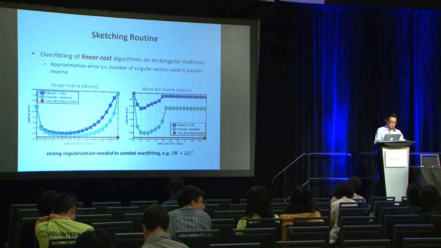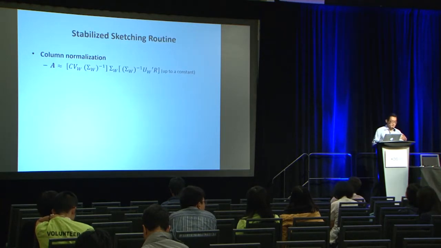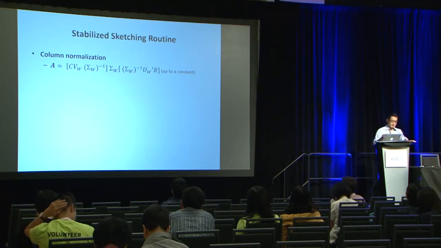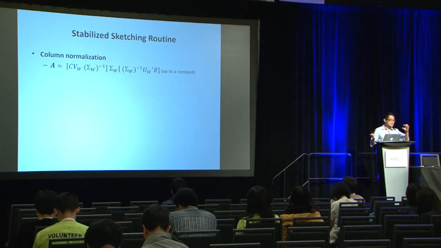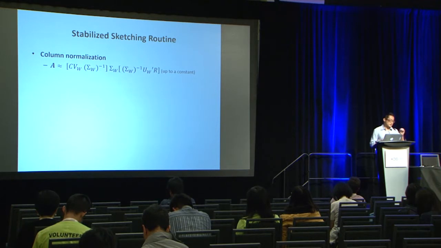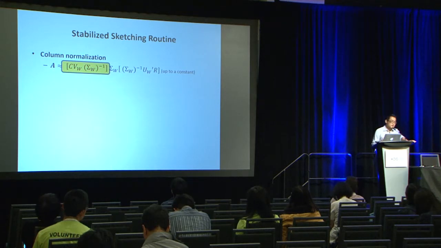But here we propose a simpler approach. Basically, recall that the matrix A is approximated by decomposing the intersection matrix W as U_W Sigma_W V_W prime. And here the left part is actually the extrapolated left singular vectors.